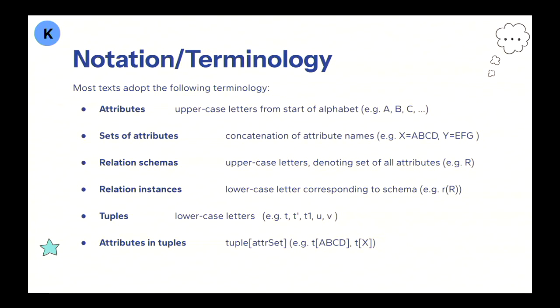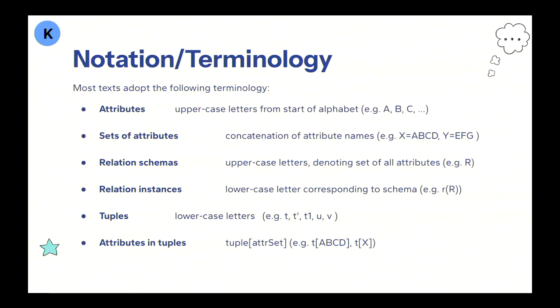The first one is attributes. We use uppercase letters from the start of the alphabet to denote attributes, and we use the concatenation of attribute names as a set of attributes.